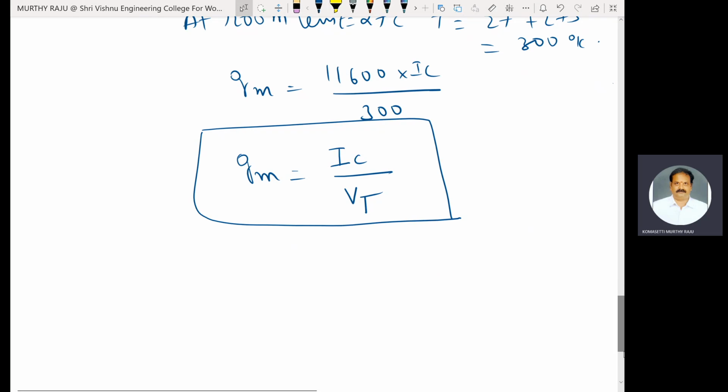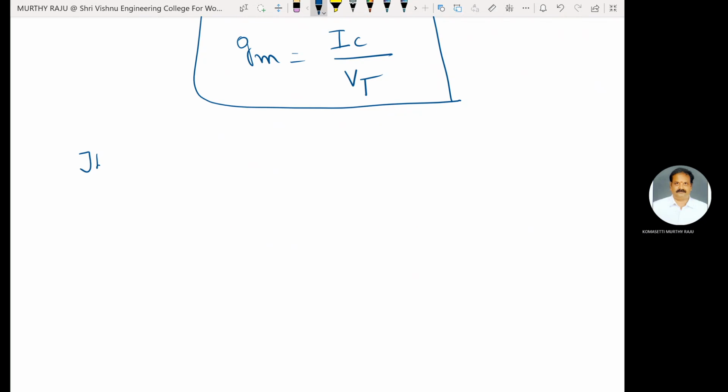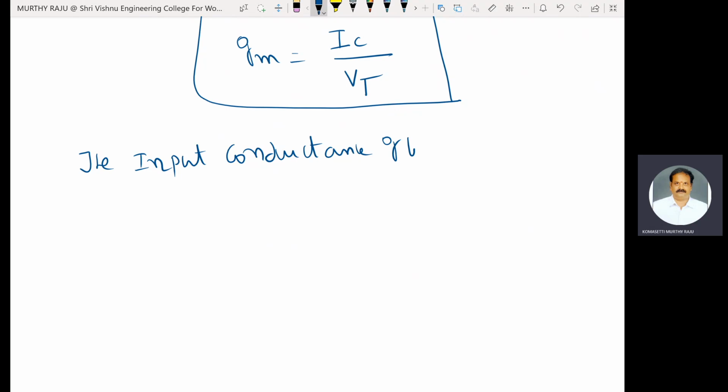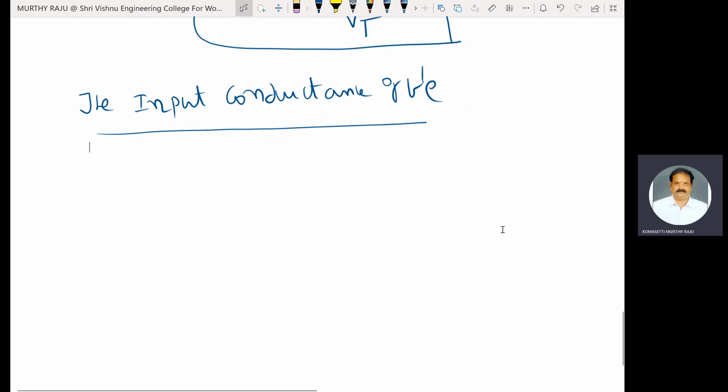Next one is input conductance, that is GB dash E. Generally, for the determination of input conductance, we need to consider the H parameter model for CE configuration at low frequency and the hybrid pi model for CE configuration at low frequency.